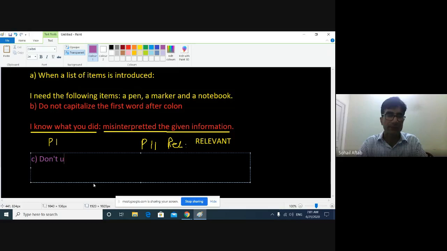Rule 3 says, don't use a colon when a list of items is directly placed after a verb. Okay.